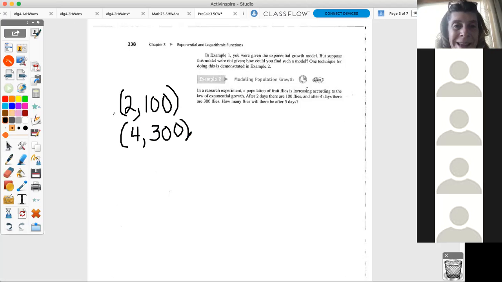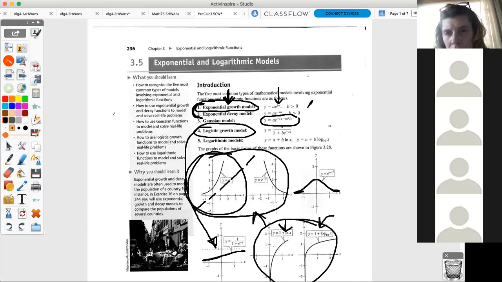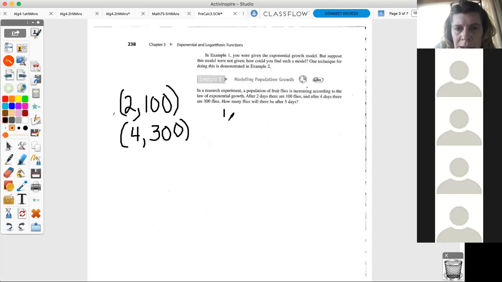We are going to make an exponential growth equation. So if we go back to the first page, our exponential growth model was this. So we have y equals a e to the bx, okay? So we're going to use that as our pattern.